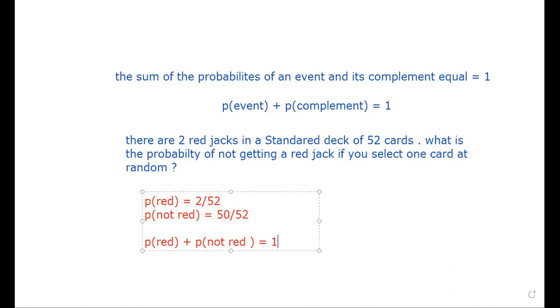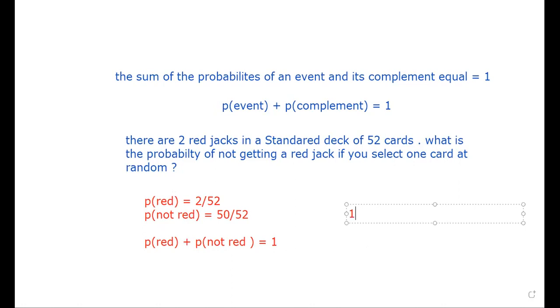From the beginning, the total number of the sample space was 52, then the probability to be red is 2 out of 52. The probability of not red will be 50 over 52. We can use another method here.